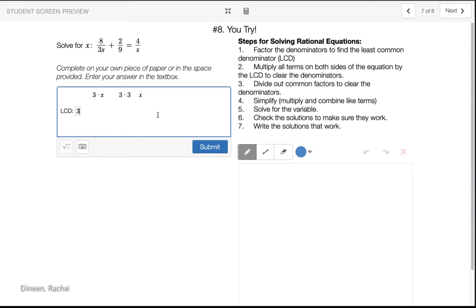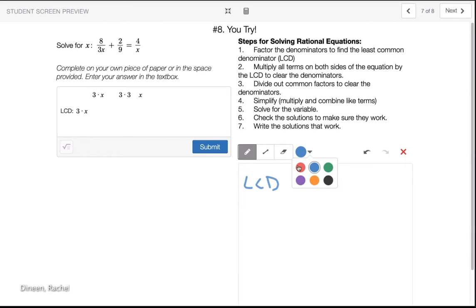What about 3 times x? That's the first denominator. Let me color code it. So my LCD, 3 times x.